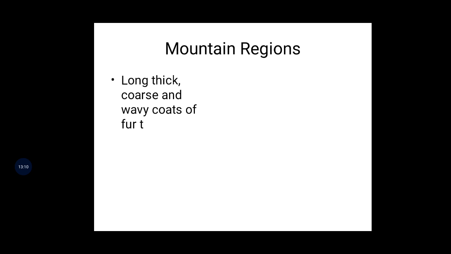See, the animals in mountain regions have long, thick, wavy coats of fur. Because mountain regions are very cold and the weather is different. Yes or no? That's why they are protected from the coldness also.